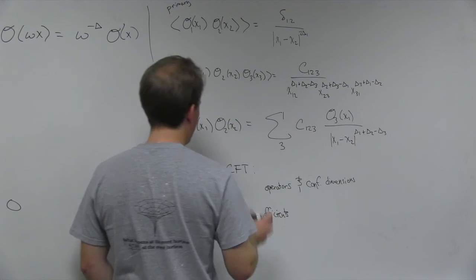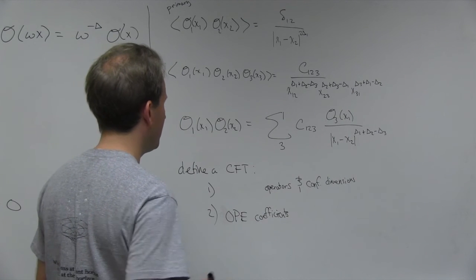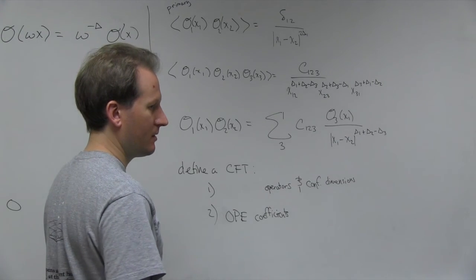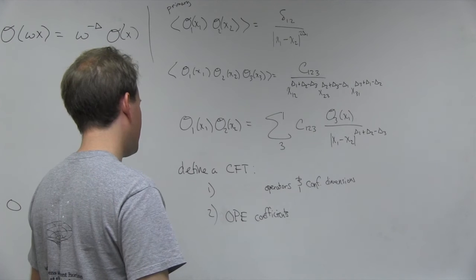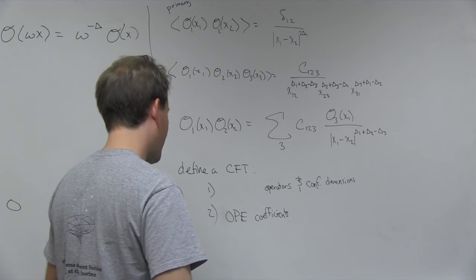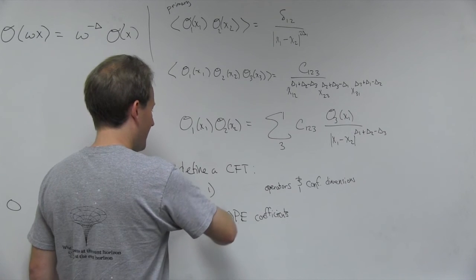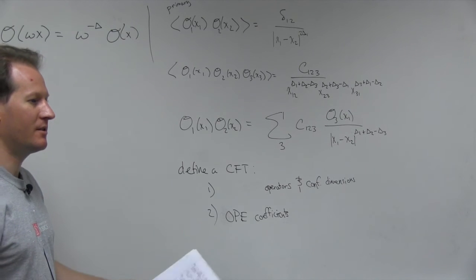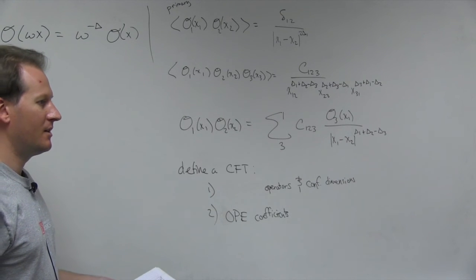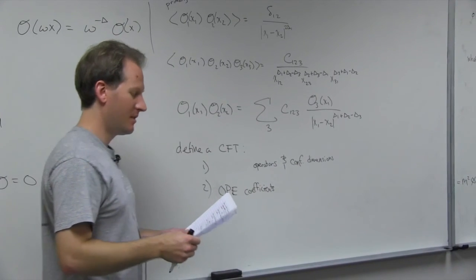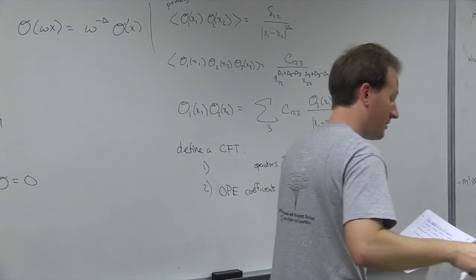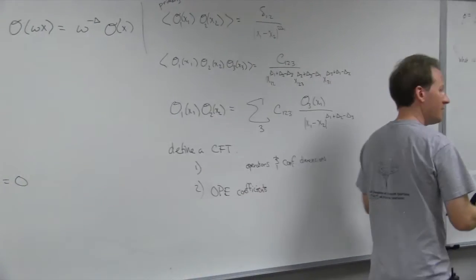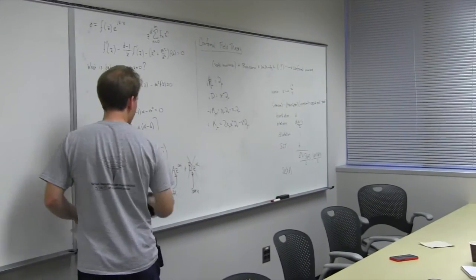So if I have this CFT data, then that suffices to compute all correlation functions and can serve as a definition of conformal field theory. The caveat is that not every set of operators and OPE coefficients that I could imagine writing down is actually going to be a consistent theory. And so figuring out what the constraints are is what the conformal bootstrap program is. Okay, but that's, I think, all we need about CFT for now, unless there are some more questions.